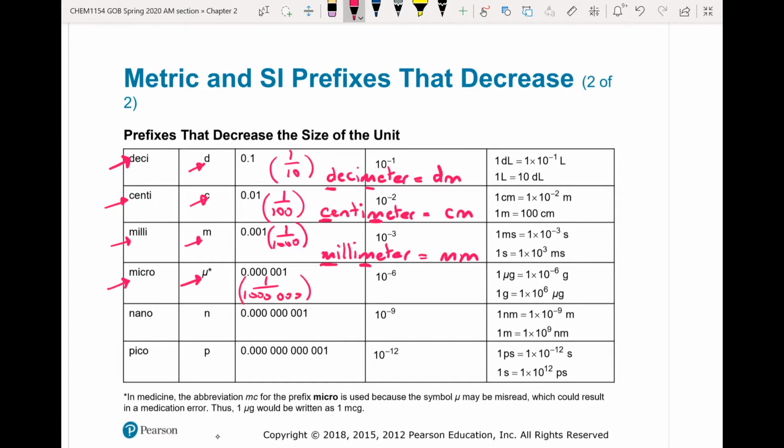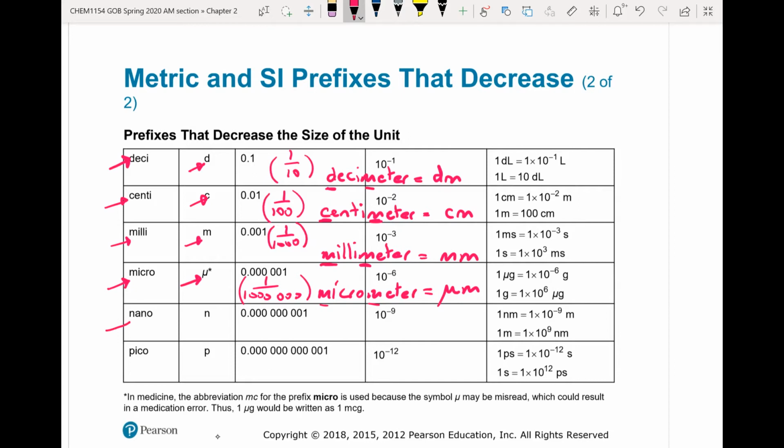So a micrometer would have that symbol. You'll notice both micro and milli start with M, so you can't use M for micro because it already means milli. So we use the Greek symbol for M, which is mu. Micrometer is 1/1,000,000th of a meter, microsecond is 1/1,000,000th of a second, etc.